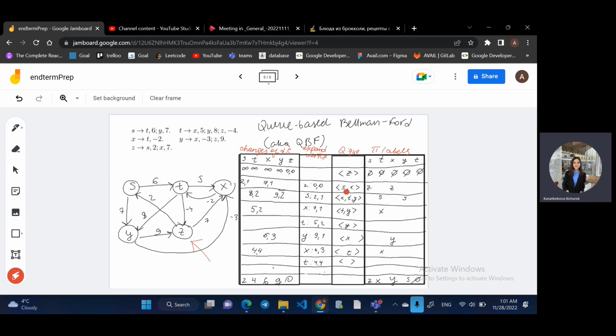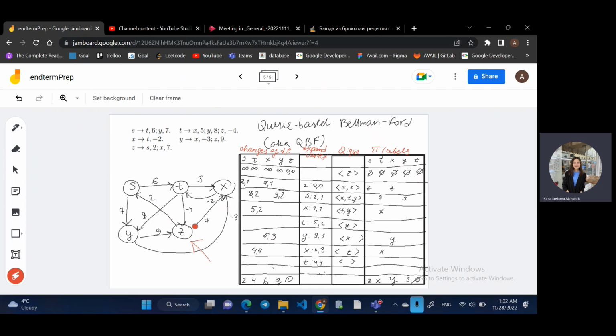So at the start of the queue, we will remove S. And then we see that from Z to S, we can get at cost 2. So we write 2, and after the comma, we write the number of edges. So it's 1, so we just write 1.